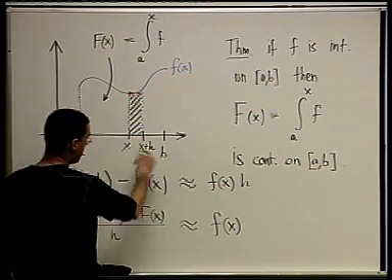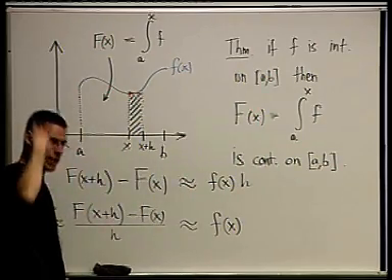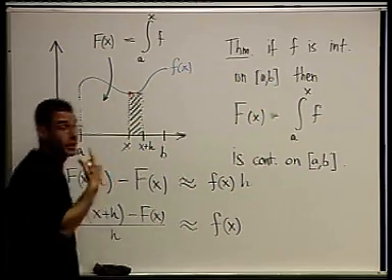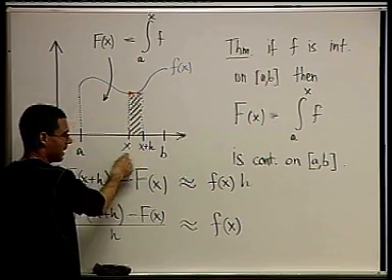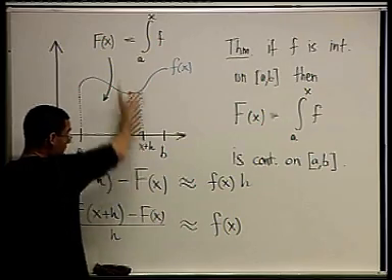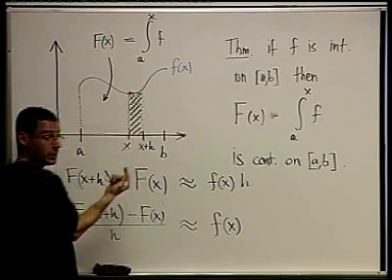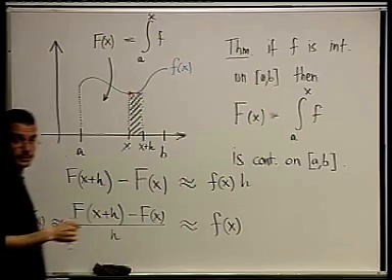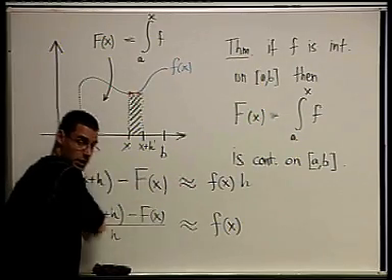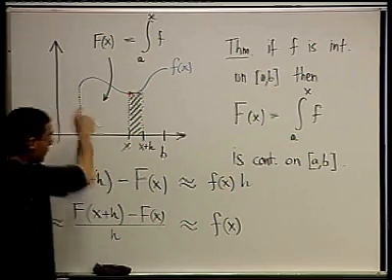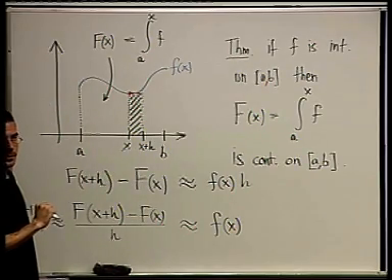On the other hand, I said, think back to Riemann sums and the way we approximated areas. We took the width. The width is x plus h minus x. It's just h. Times the height. The height is f at the point x. That's this. Good? Yeah. So this is the intuition for the fundamental theorem of calculus.